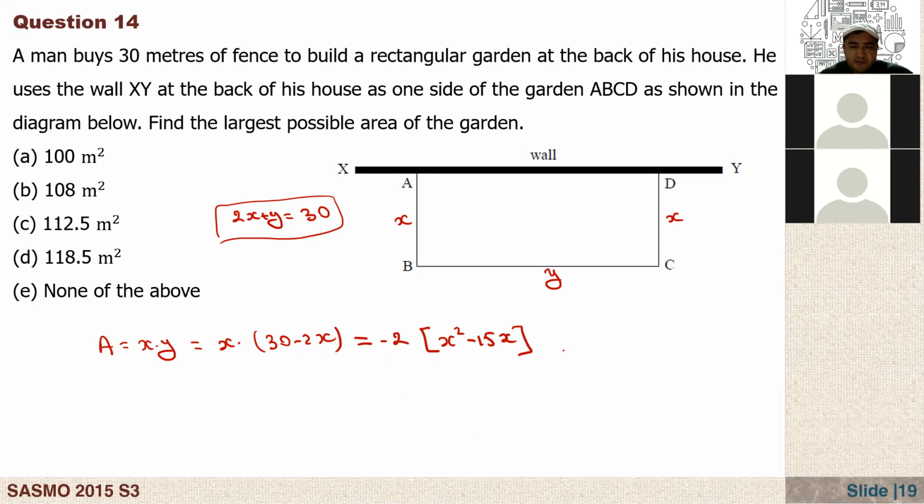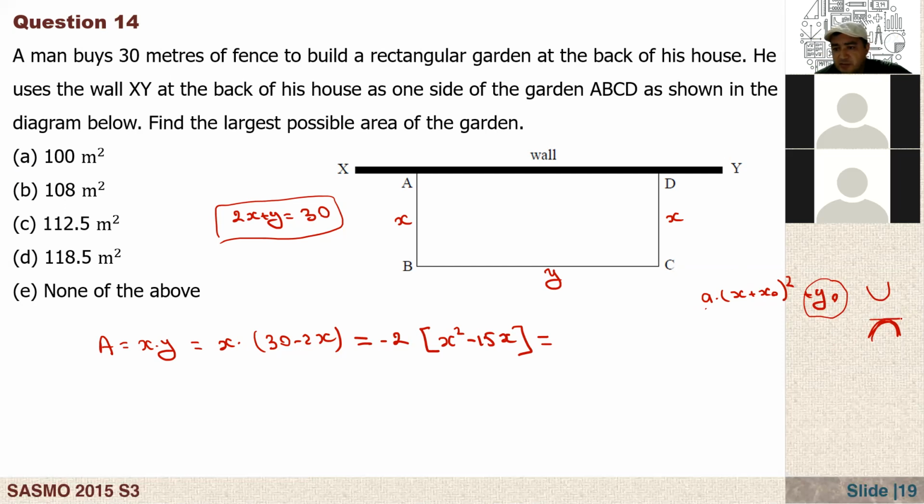Here we have 15. And again, we need to express this in the form A times (X plus X sub 0) squared plus Y sub 0. If A is positive, this gives us a minimum value, right? Because it looks upward. And if A is negative, it looks downward, right? We call this concave up or concave down, or simply looks upward or downward.